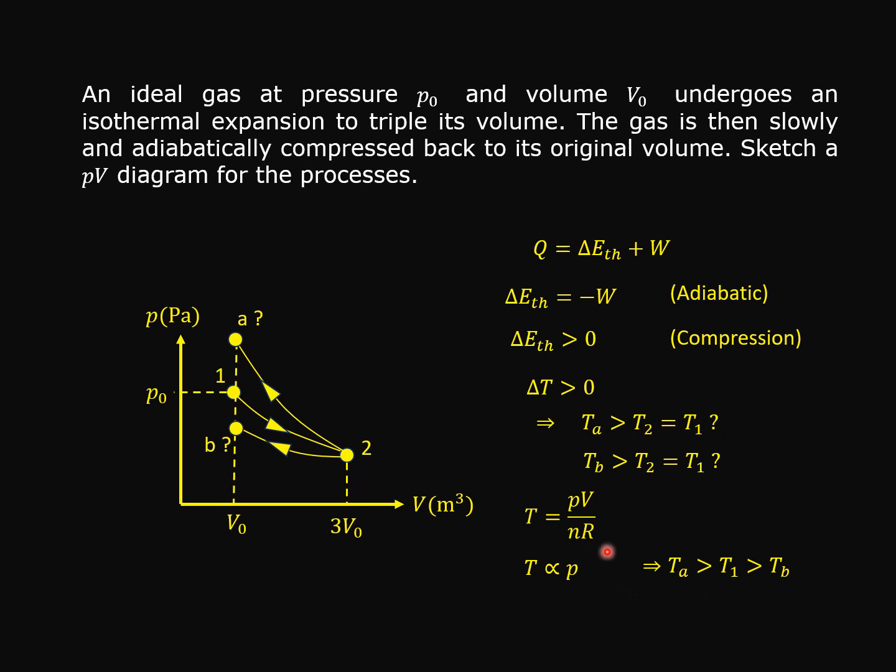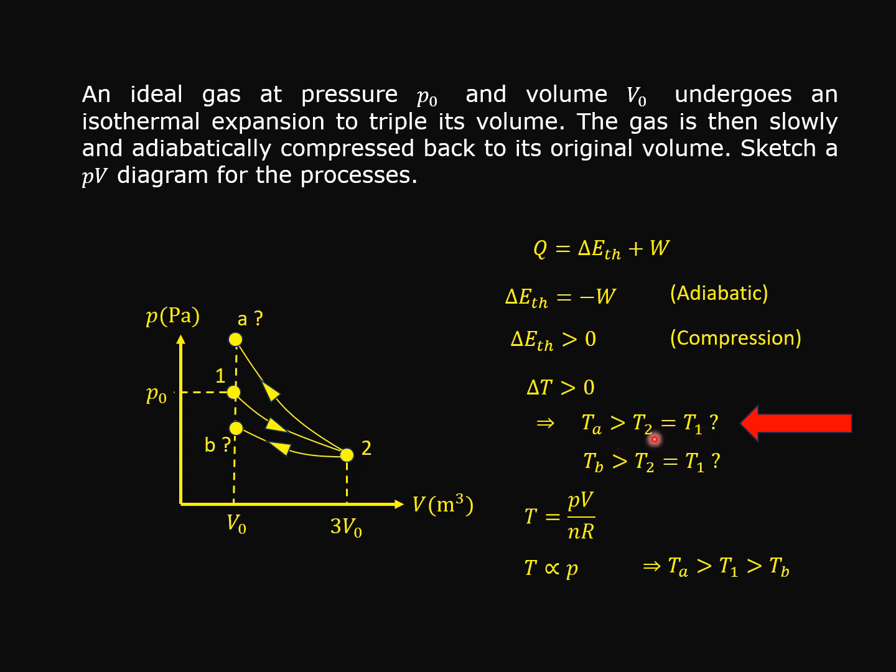This is a result that we can deduce from the relationship between temperature and pressure when the volume is constant. So the temperature at state A is larger than the temperature at state 1, and the temperature at state 1 is larger than the temperature at state B. From this result, we can determine that the curve for the adiabatic process from 2 to A is correct, because for this curve we have TA larger than T2, which is equal to T1.